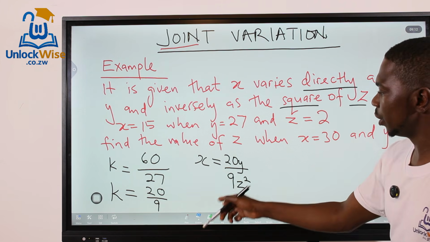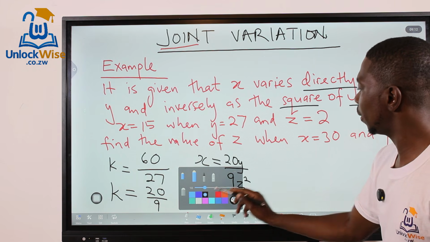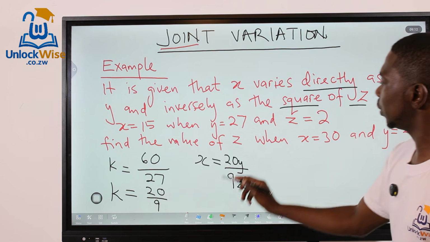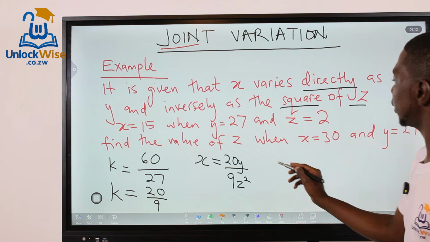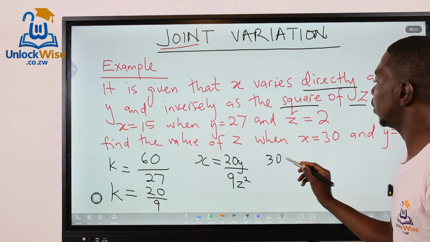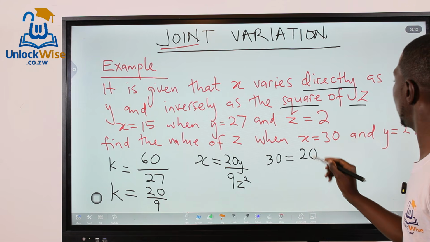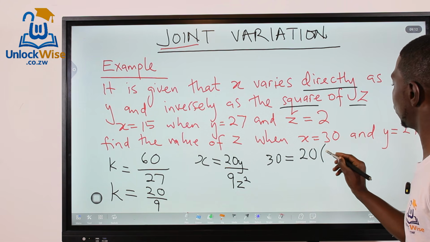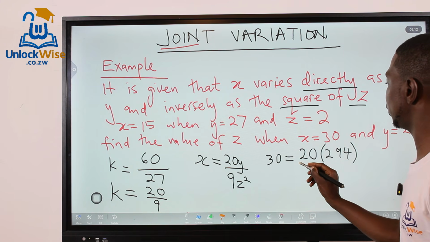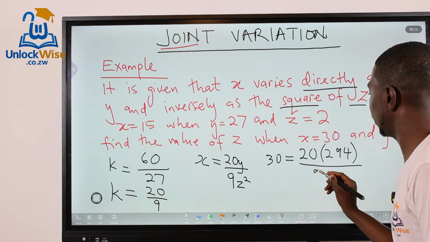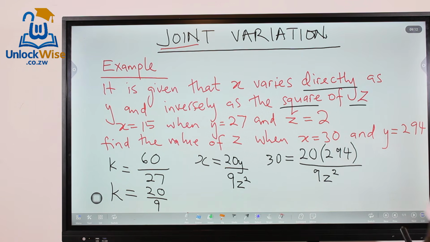So we are going to use this formula. x is equal to 20y over 9z squared. What is the value of x? It is 30. And 20 here. What is the value of y? It is 294, then divided by 9 z squared, right?